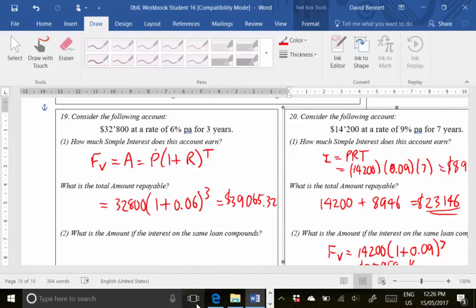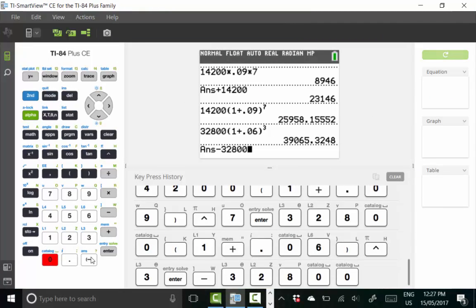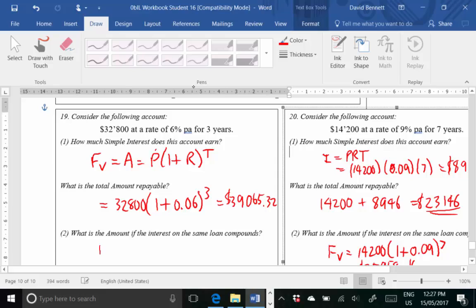So if I want to work out what my interest is, I simply take away 32,800 from that answer, and that will tell me that I've got $6,265.32 worth of interest. So the compound interest formula is quite simple to use, and that's all we're expecting you to do there.